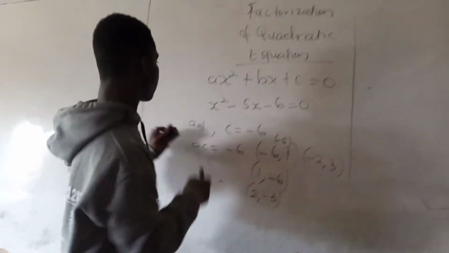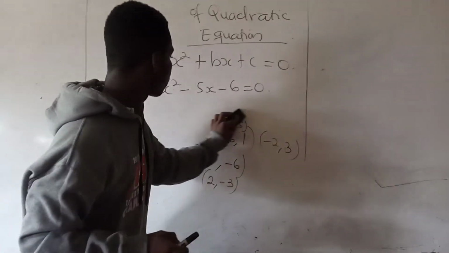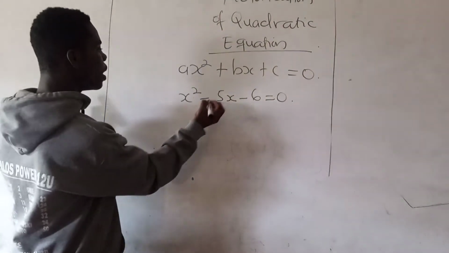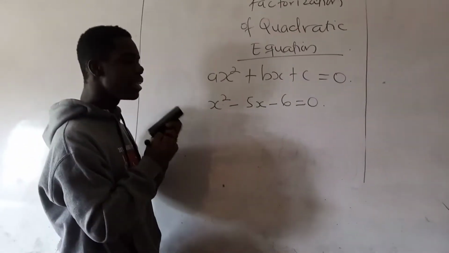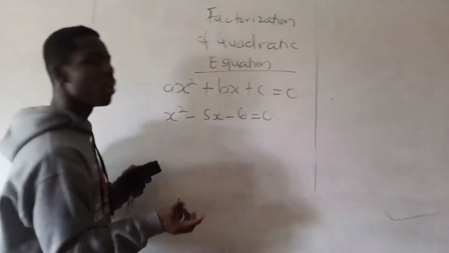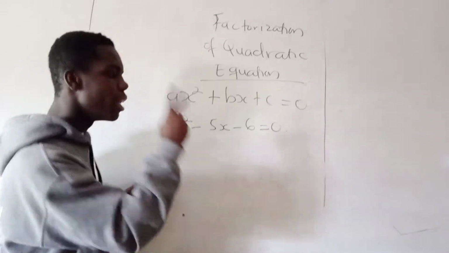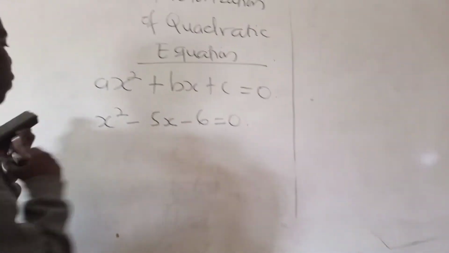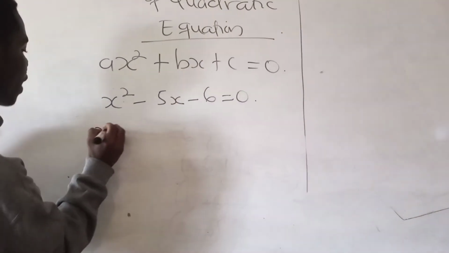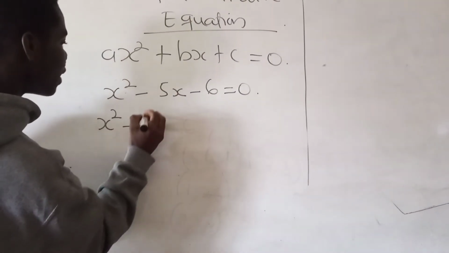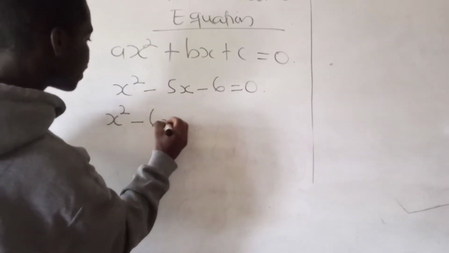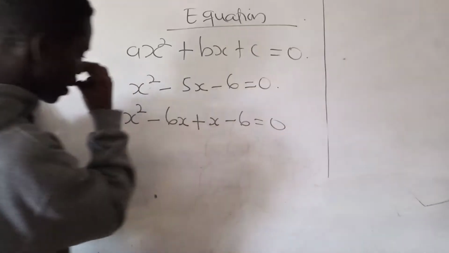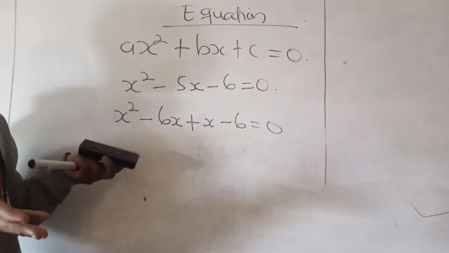So let's substitute. The negative 5x has been split into two terms, so you get 4 terms: x squared minus 6x plus x minus 6 equals 0. Then you apply your normal factorization.